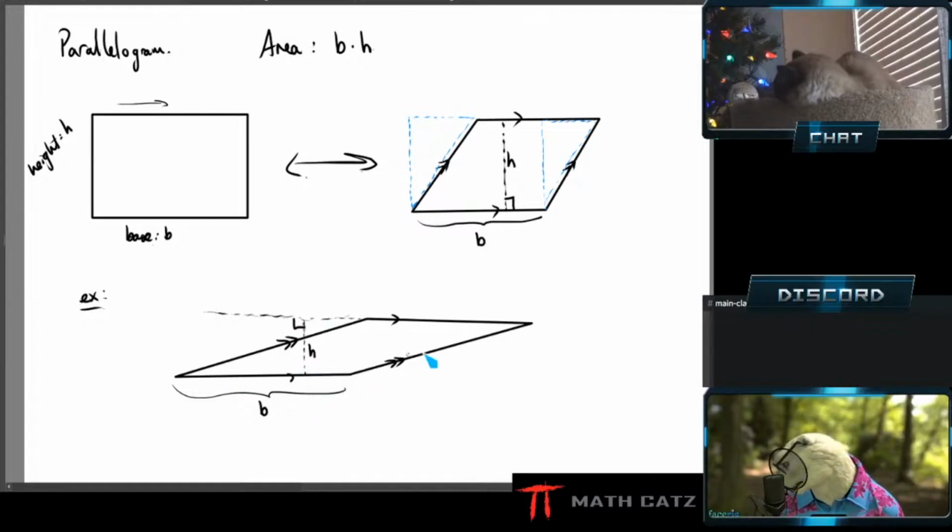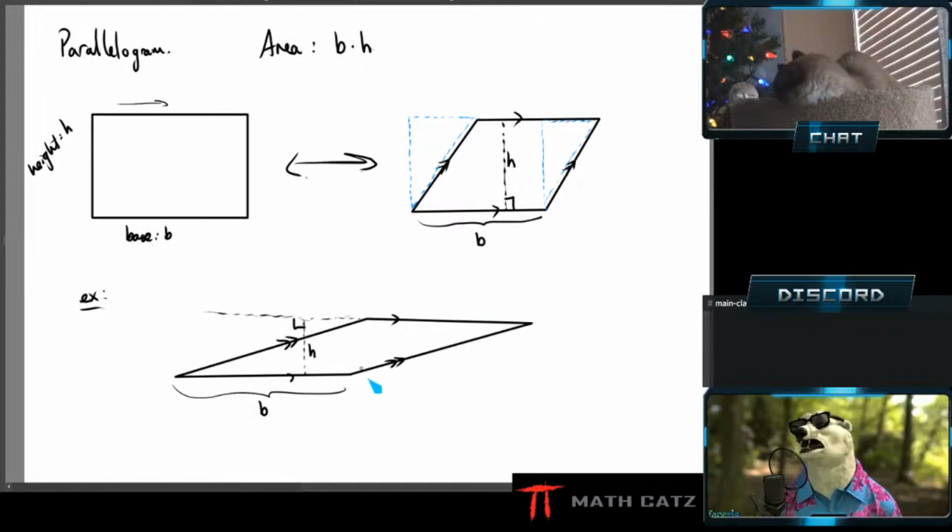Now, of course, I could do the same thing and see this other pair of parallel sides as one of them being the base and then the perpendicular distance between them. It's not going to change anything. I sort of naturally just prefer to have the base as some horizontal bottom side, but it really doesn't matter, right? You could just rotate that and see this one as the base.